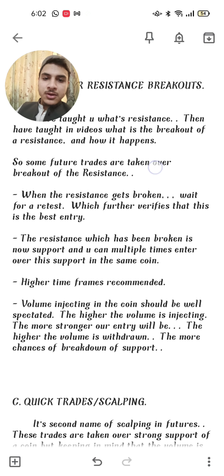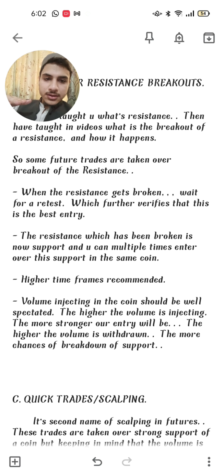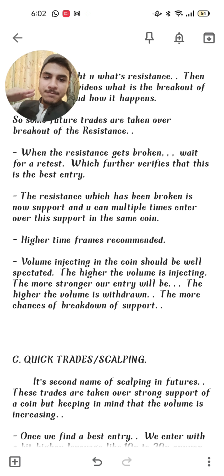Fine. When the resistance gets broken, wait for the retest, which further verifies that this is a best entry. The resistance which has been broken is now support, and you can enter into the trade over this support multiple times.